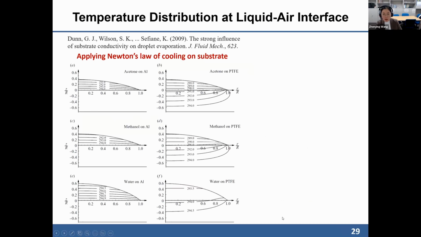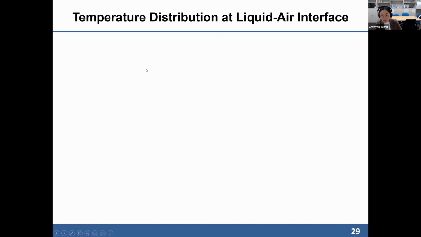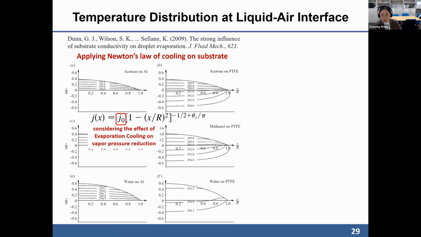Later, in this work by Professor Wilson, they made some modifications to the expression of the interfacial mass flux. They applied the evaporation cooling effect on the expression of the interfacial mass flux, that is, they considered the effect of evaporation cooling on the reduction of vapor pressure.